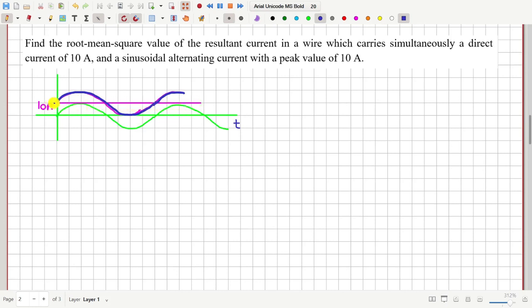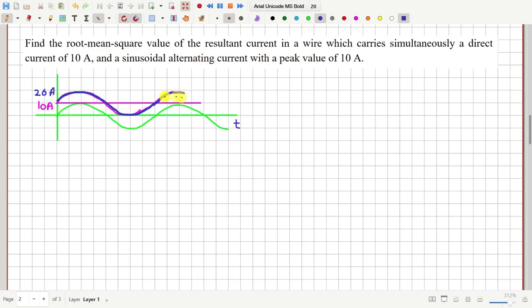and this pink graph represents a DC current of value 10 ampere. Then if we add these two, we will get this blue graph which will have a maximum height of 20 ampere, and this is the current which flows through the wire under consideration.